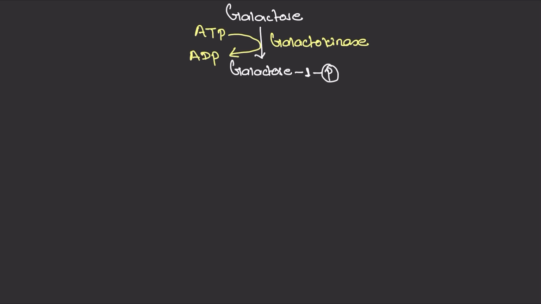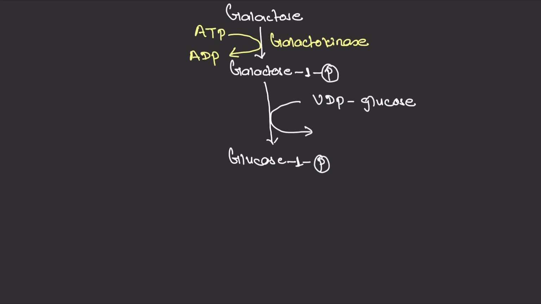In the second step, galactose 1 phosphate reacts with UDP glucose to form glucose 1 phosphate and UDP galactose.